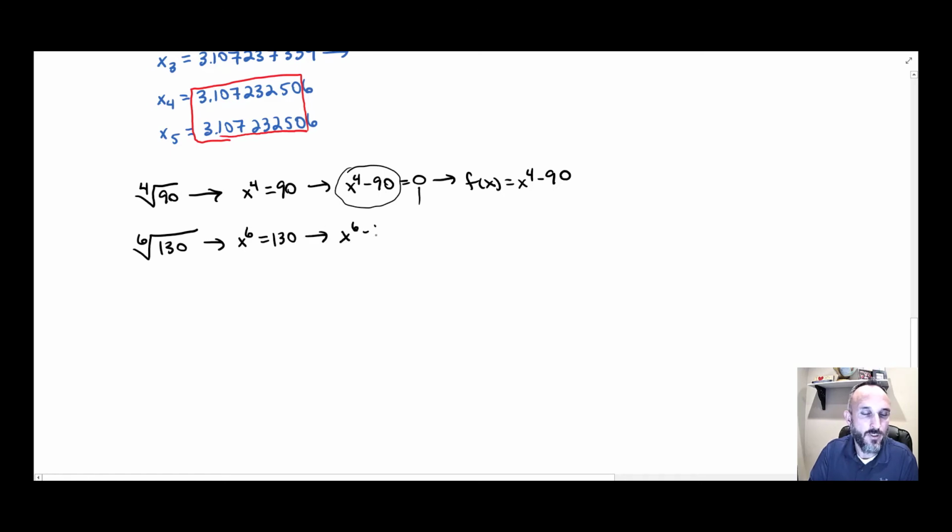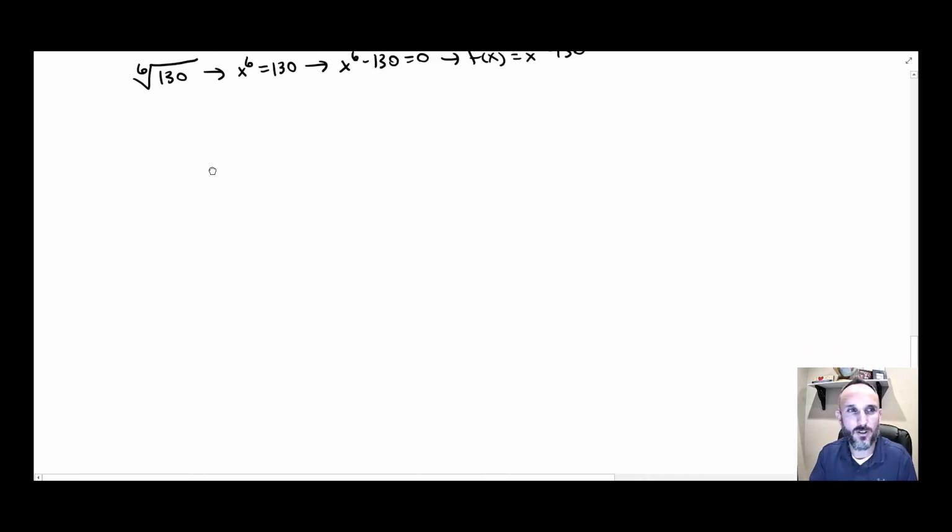Subtract the 130, and that would equal 0. Thus, the function we would want would be x to the 6th minus 130. So you can use Newton's method to approximate roots of any kind by turning it into the x-intercept of a function.